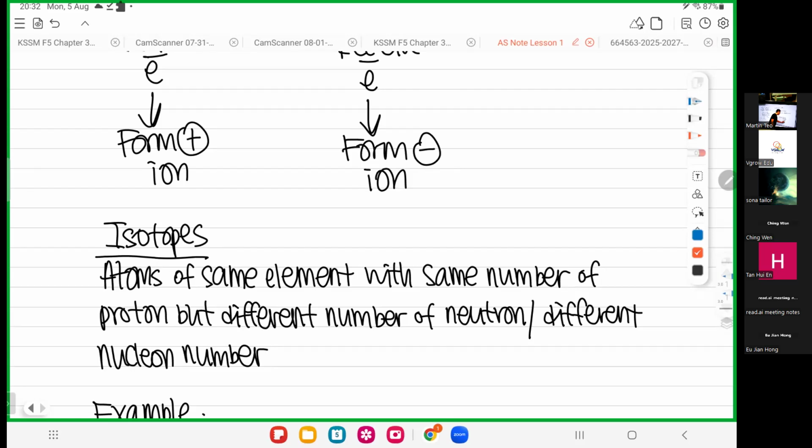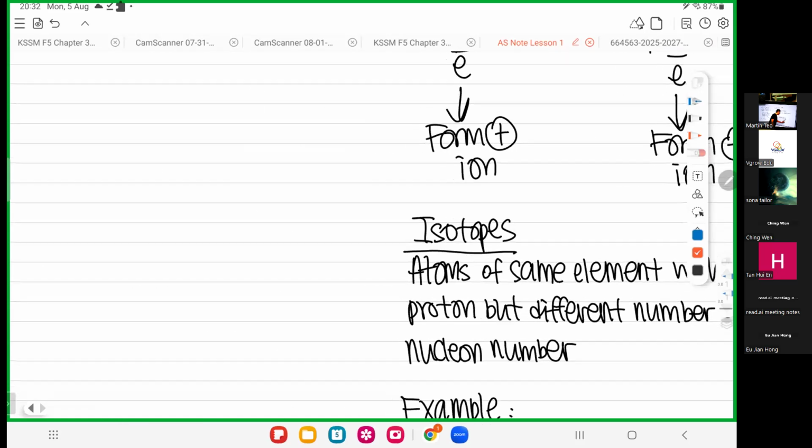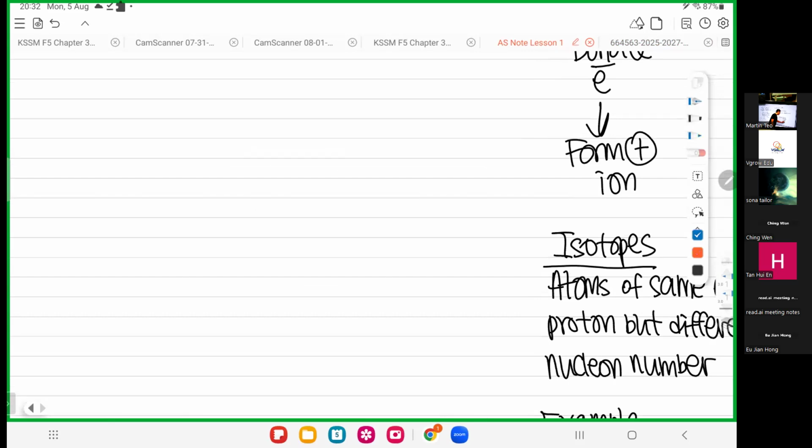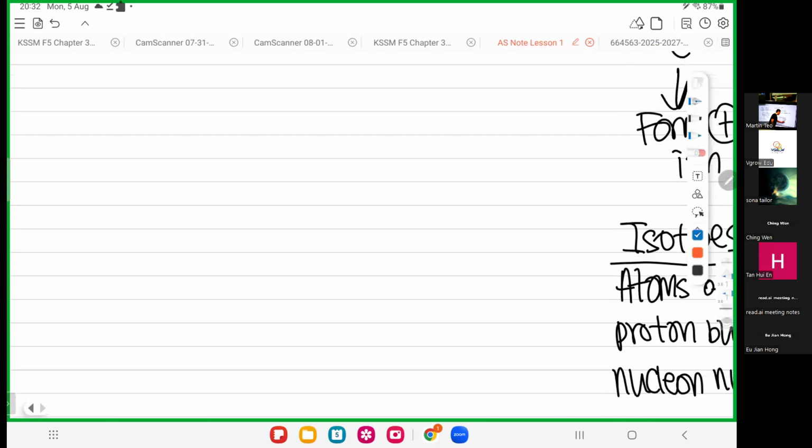I get a question in the chat box. If the question asks, what is the mass of the nucleus, do we need to do proton mass plus neutron mass? No need. Let's say the question gives you potassium 39, for example.